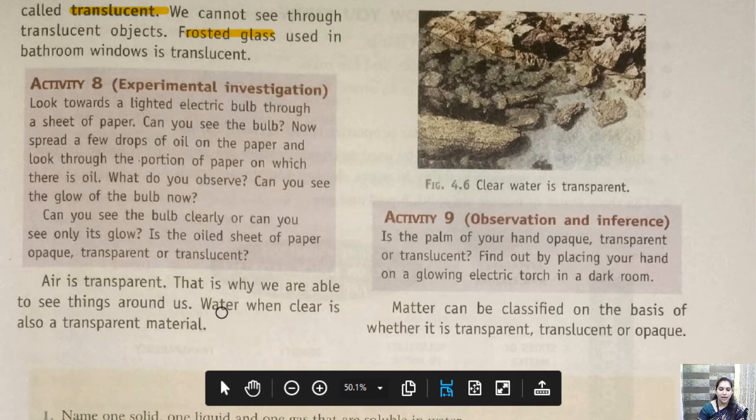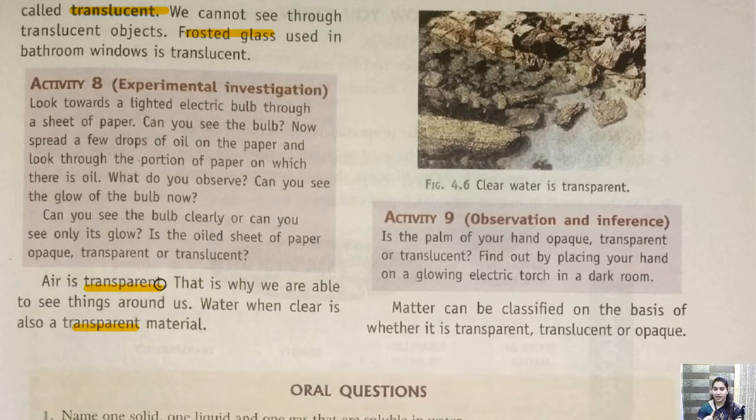And here examples are given. Water when clear, that is clear water, is also a transparent material. Air is transparent, but if there is dusty air, if there is dirty air, that is not transparent.